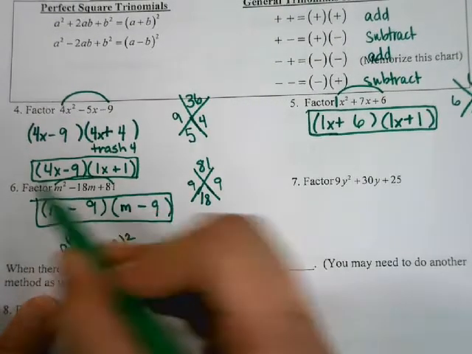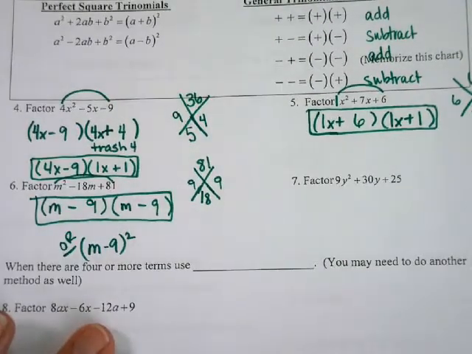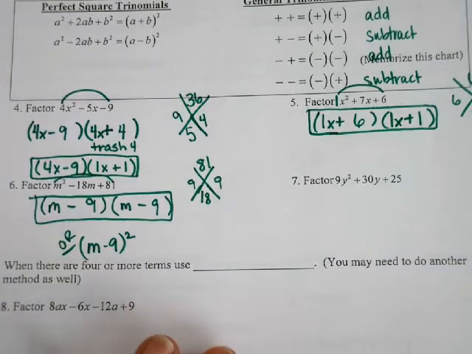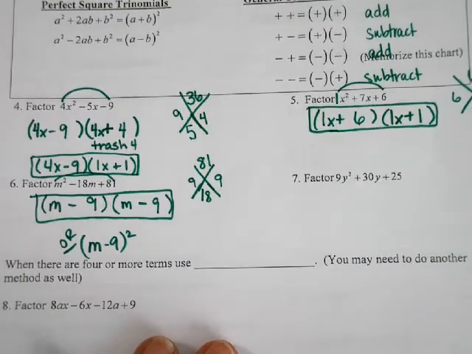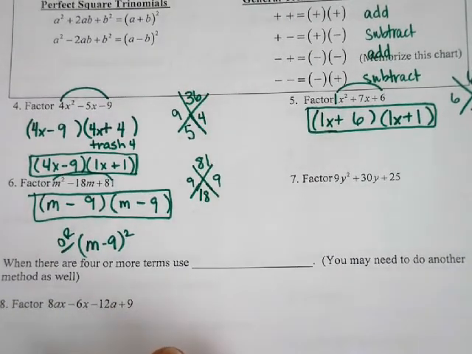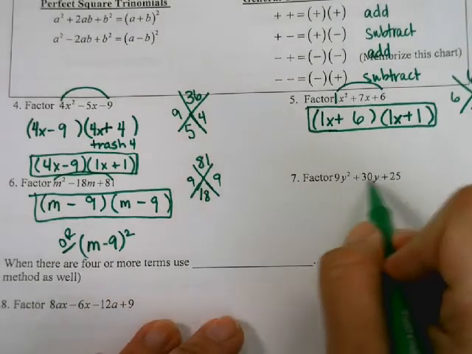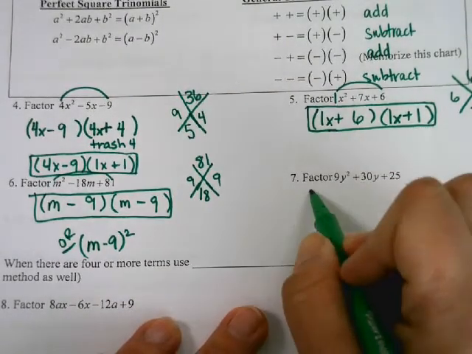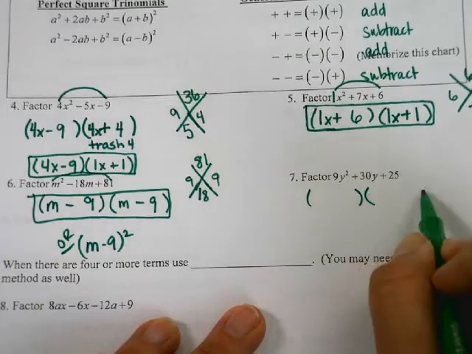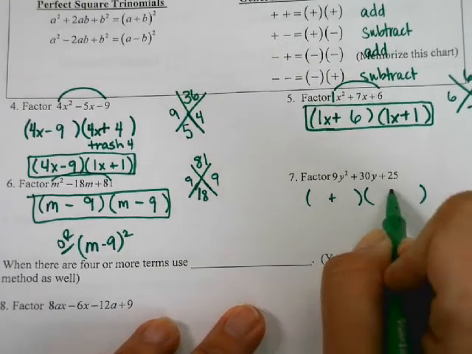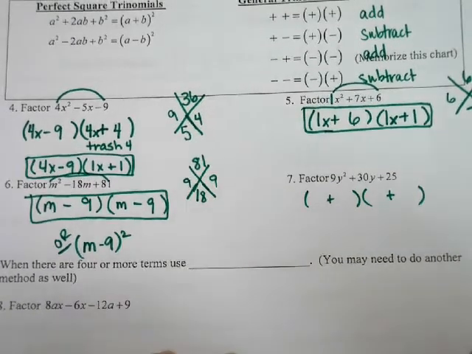Okay, let's try this one here on our notes. Nine y squared plus 30y plus 25. We have a plus and a plus. So what are my signs going to be? Plus and a plus. Now again, factors of 9, it could be 3 and 1, or 3 and 3, or 9 and 1.